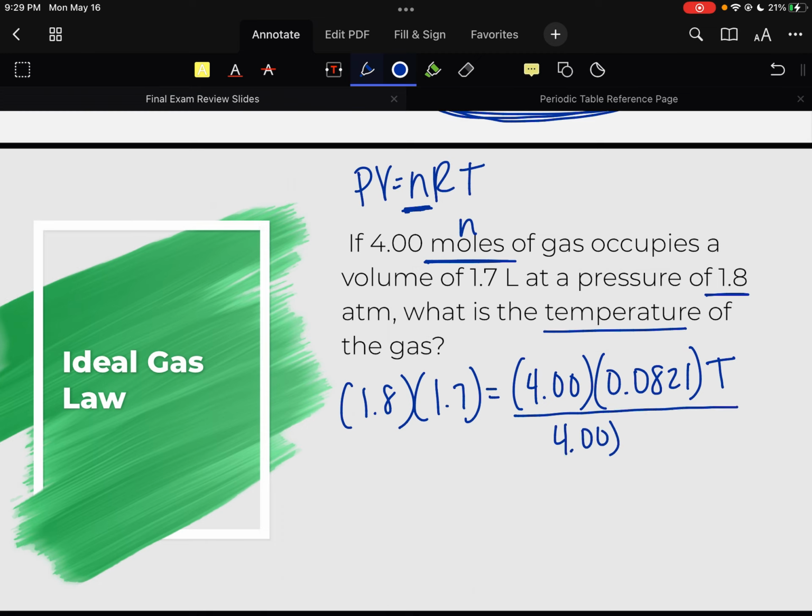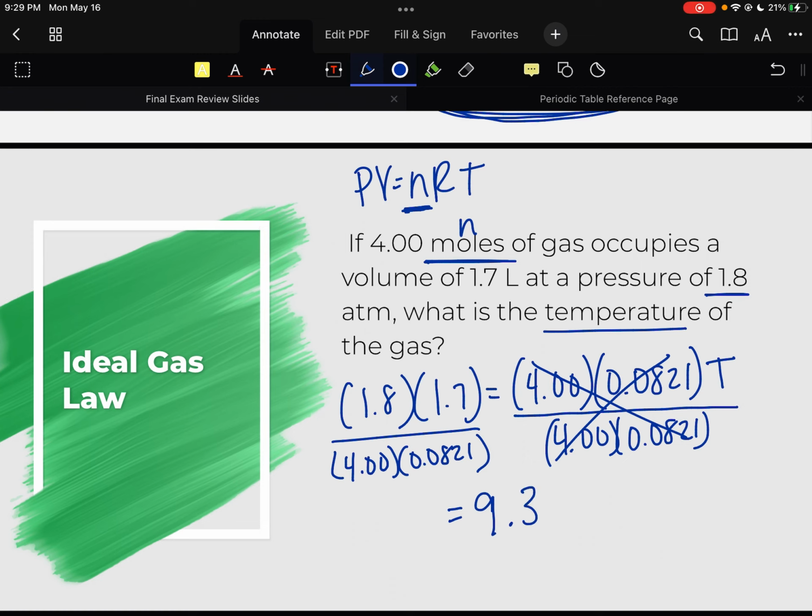So if I want to get temperature by itself, I need to divide by those, but if I do it to one side, I have to also divide on the other. So then in my calculator, I'll just type out 1.8 times 1.7 divided by 4 divided by 0.0821.